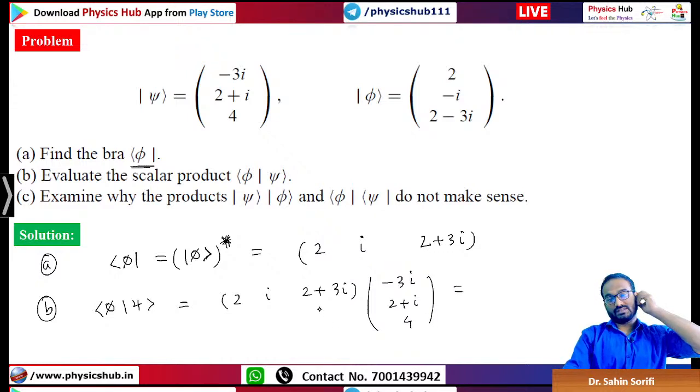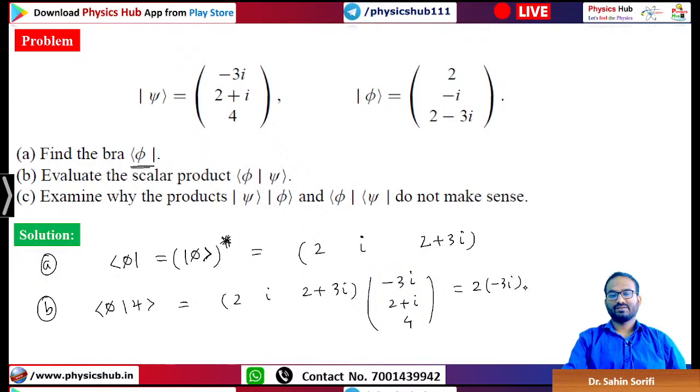Now just take the scalar product, sorry, matrix multiplication: 2 into minus 3i, so minus 6i, plus i into 2 plus i, plus 4 into 2 plus 3i.